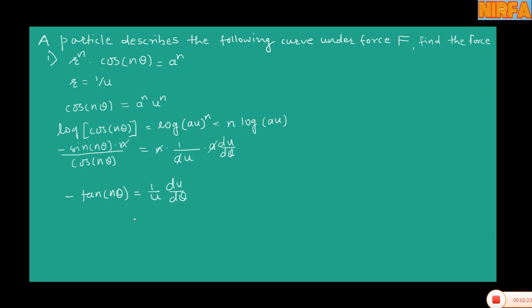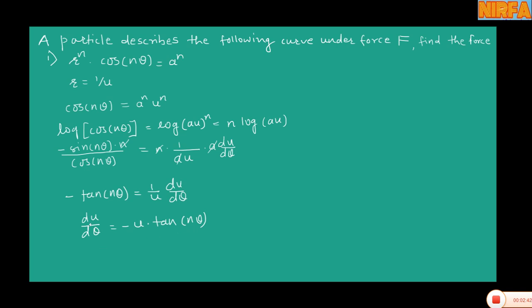Now again simplify this as du by d theta is equal to minus u into tan of n theta. So this is our first derivative of u with respect to theta.